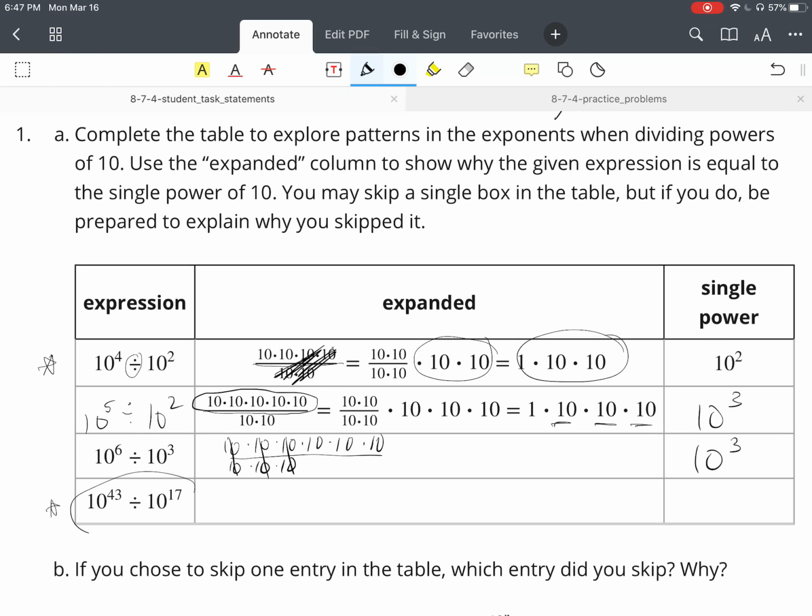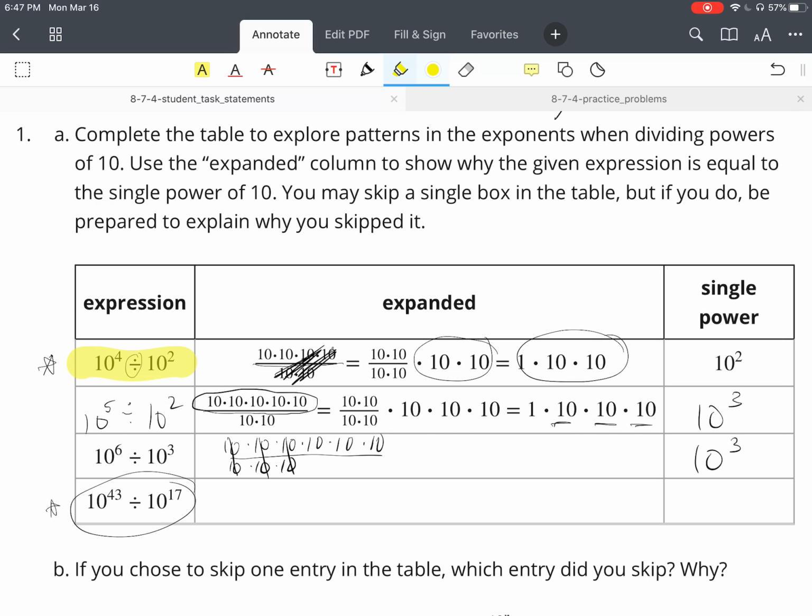Now this last one, let's be honest, are you really about to write 43 tens and 17 of them? No. Let's see if we can look at a pattern. In this first one up here, you had 4 tens on the top and 2 tens on the bottom, and you ended up canceling 2 of them.